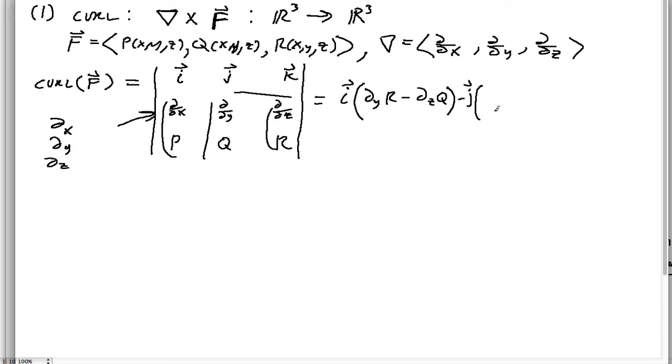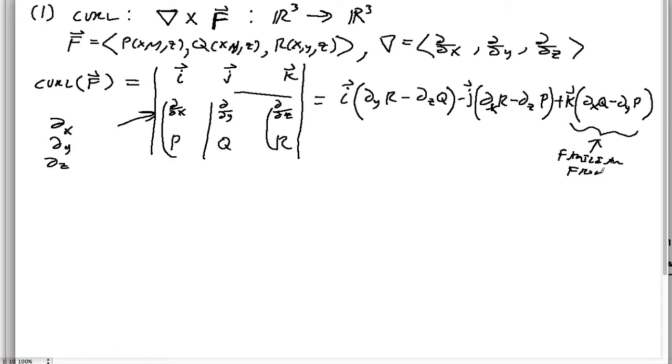We take the matrix minor of these two, which is the partial with respect to x of R minus the partial with respect to z of P, plus k, which is the partial with respect to x of Q minus the partial of y of P. Notice here, that's the part from Green's theorem. This looks familiar from Green's theorem.